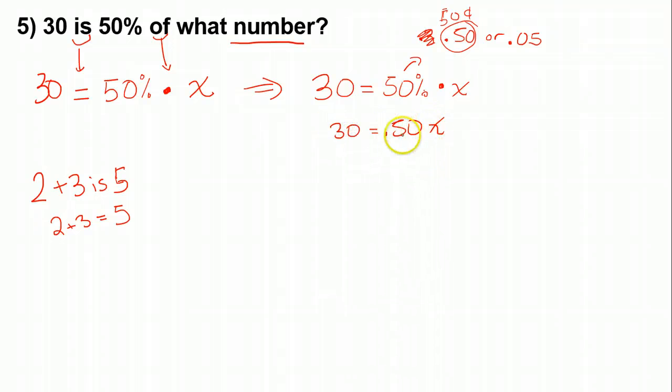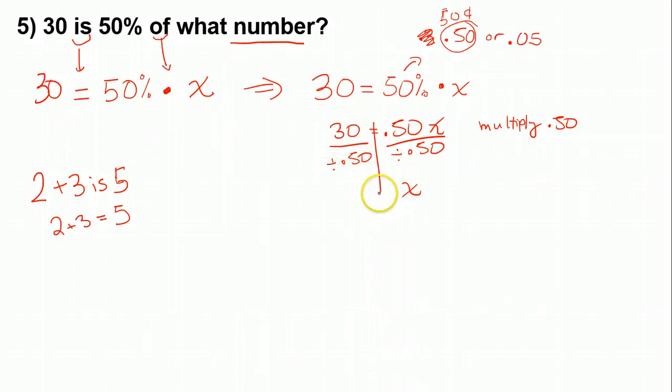So let's solve. Right now we're multiplying by that 0.50. So what's the opposite of multiplying by 0.50? Dividing by 0.50, right? So we're going to divide by 0.50. All right, again, if you have a calculator handy, your number would be 60.